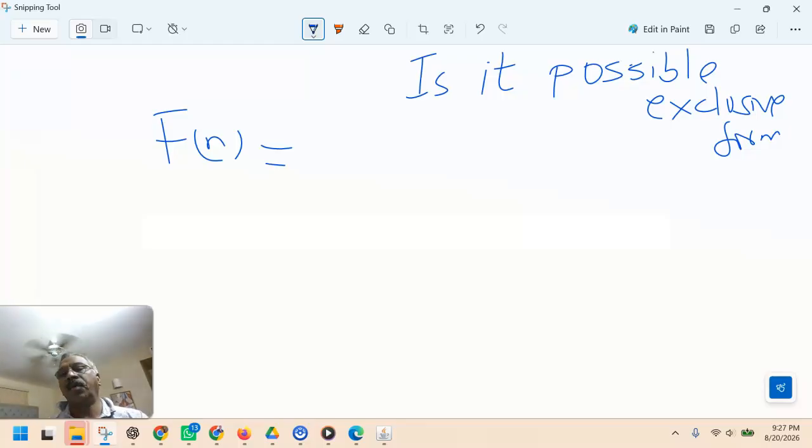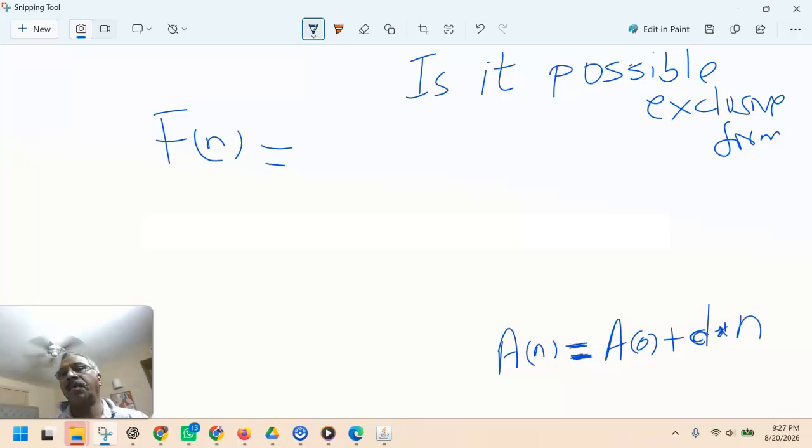In the earlier cases, if it is an arithmetic sequence, you have something in the beginning, maybe a of 0, and then every time you add the common difference d, the rate of change, times how many times you are adding it. This is starting with 0, so n is greater than or equal to 1. But if you start with a of 1 like this, then you have to multiply d by n minus 1 here.